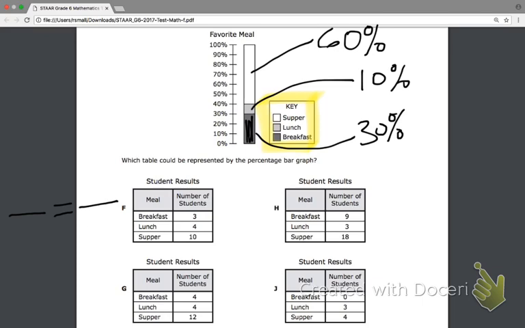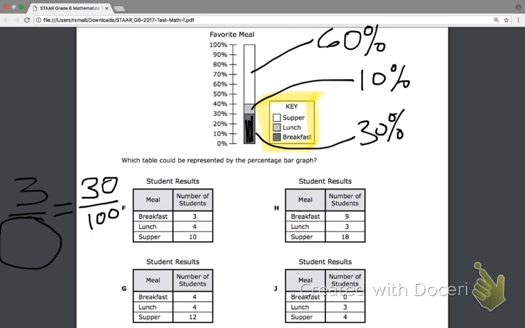Okay, so I know there's always 100%, and I know, let's start with breakfast. I know there's 30% of kids that want breakfast as their favorite meal, and in this particular chart, 3 students chose breakfast. Okay, so I'm looking for this whole number right here.